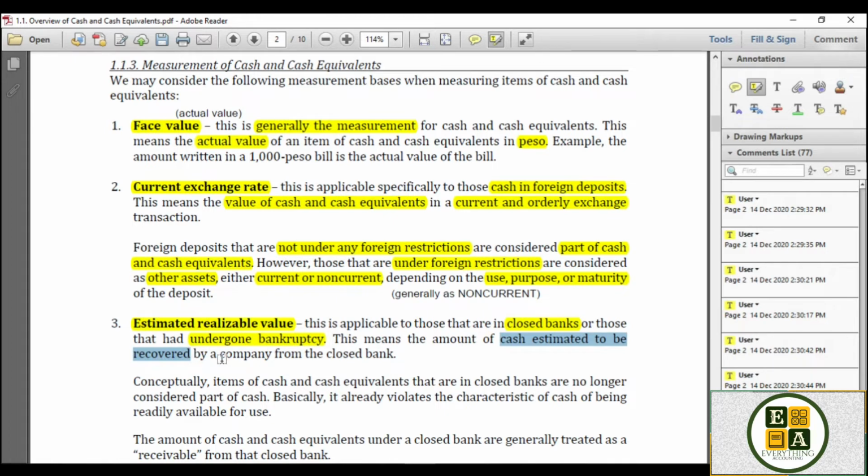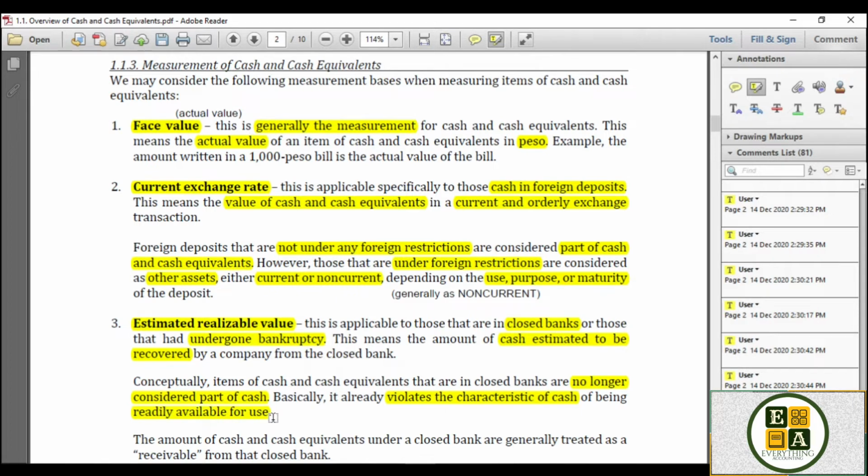But conceptually, these items of cash and cash equivalents in closed banks are no longer considered part of cash. Basically, they violate the characteristic of cash being readily available for use.